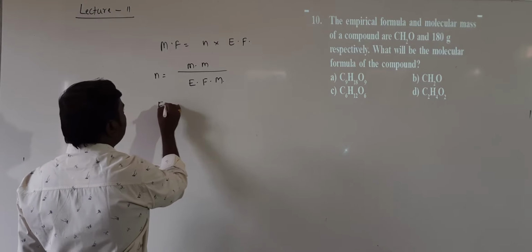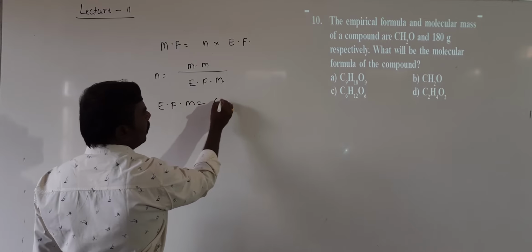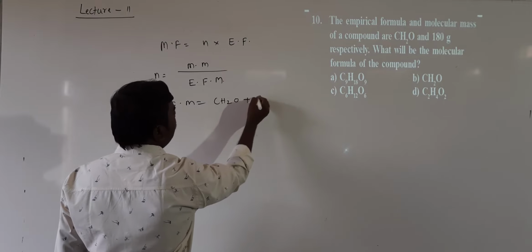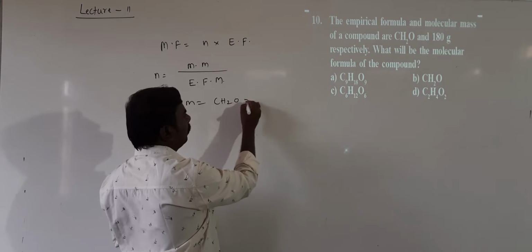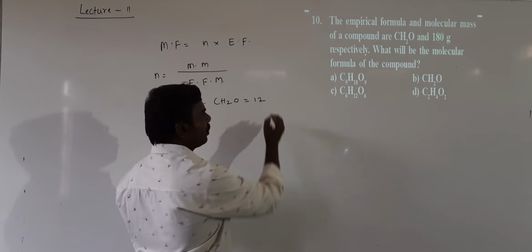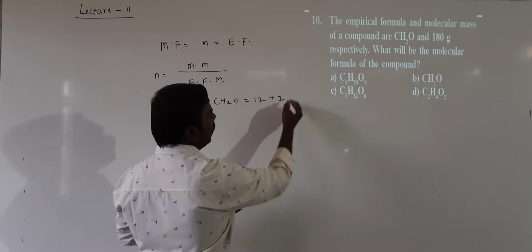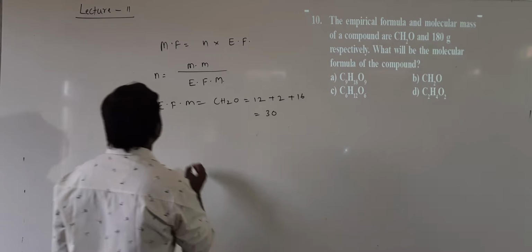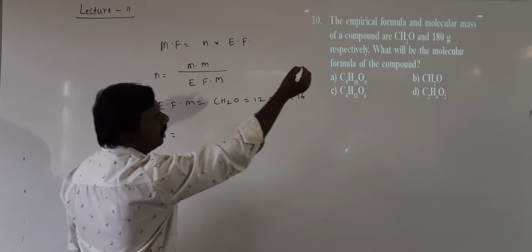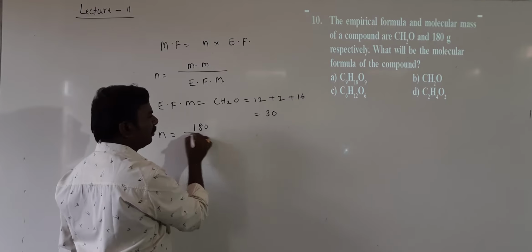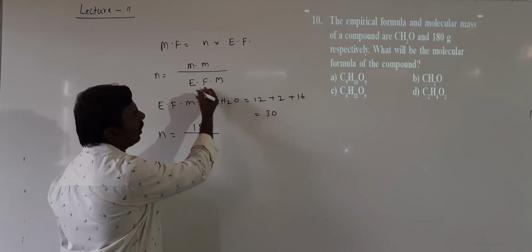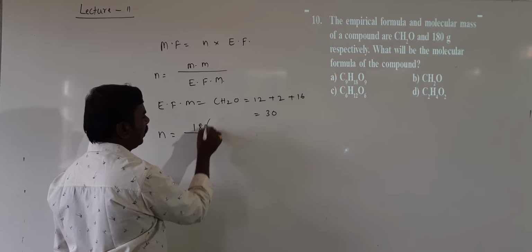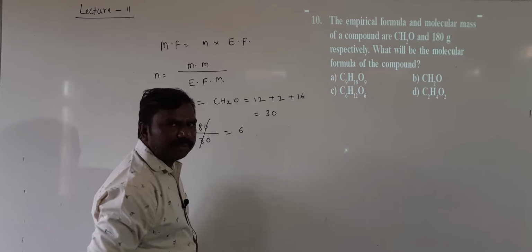Empirical formula mass of CH2O: carbon 12, 2 hydrogens 2, 1 oxygen 16, totally 30. n equals molecular mass 180 by empirical formula mass 30, you will get 6.